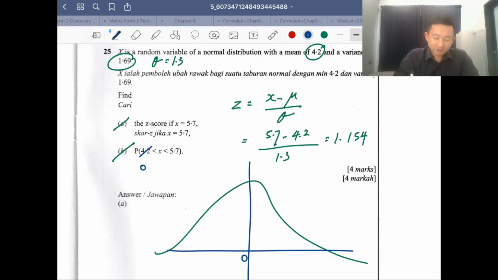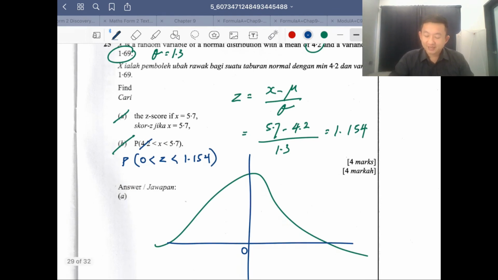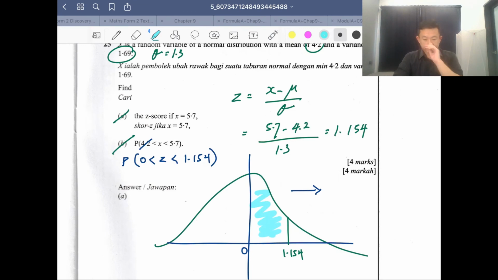Between 0 and 1.154, we are looking for the probability between 0 and 1.154, because we know that when we read the table, it goes in this direction. So maybe this is 1.154. We need to find the shaded region here. Maybe you cannot see it. We need to find the shaded region here. Then how?